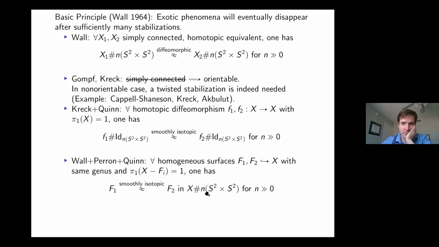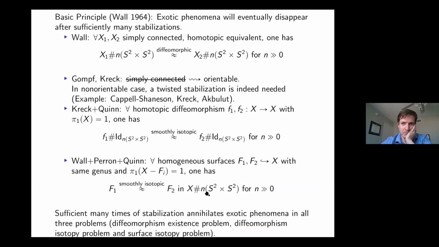So all these results reflect the general principle that sufficiently many stabilizations will annihilate exotic phenomena in all three problems: the diffeomorphism existence problem, the diffeomorphism isotopy problem, and the surface isotopy problem.